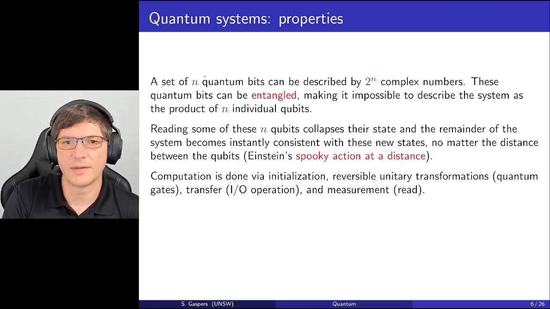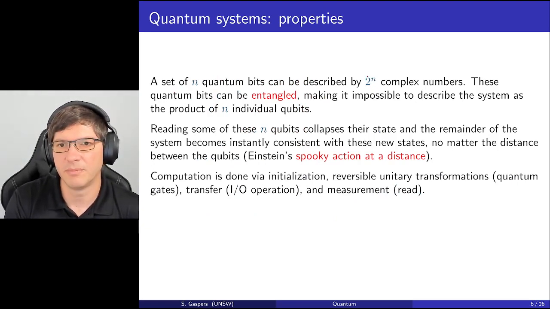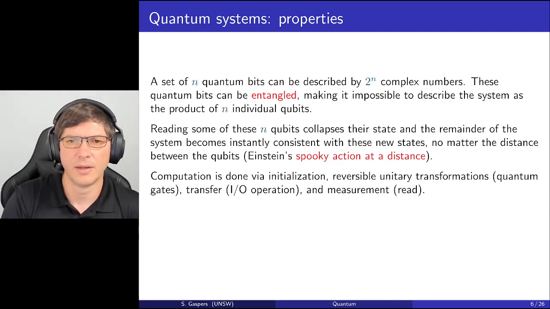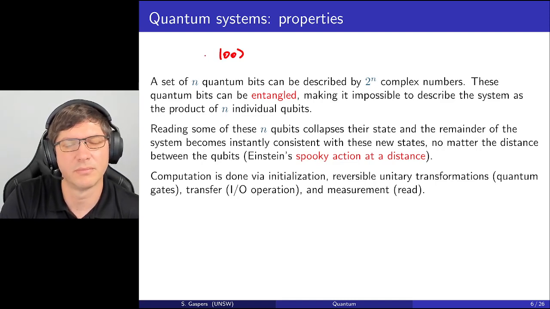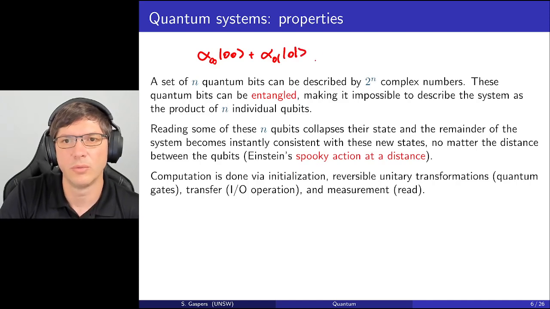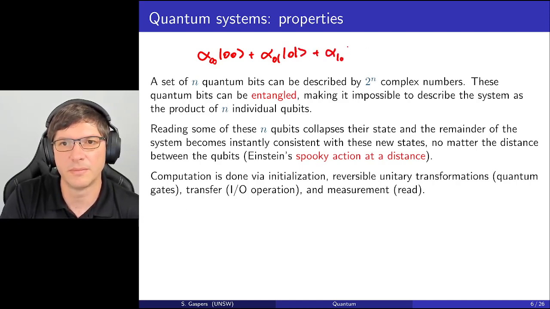Now, a set of n quantum bits can be described by 2 to the power n complex numbers. So for example, if we have 2 qubits, then we have some amplitude associated with the state 0, 0. So maybe we call this alpha 0, 0. We have some amplitude associated with the state 0, 1. We have some amplitude associated with the state 1, 0.